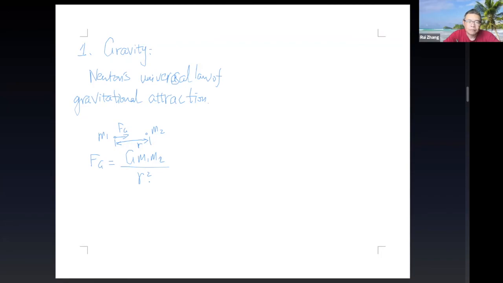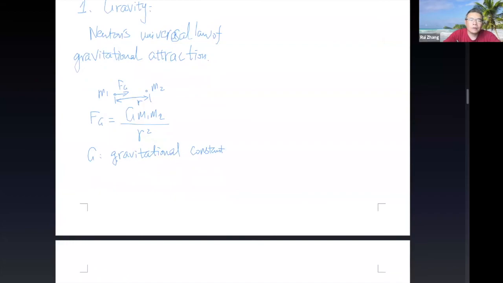This G here is a constant called the gravitational constant. The value is 6.67 times 10 to the negative 11, Newton meter squared divided by kilogram squared.